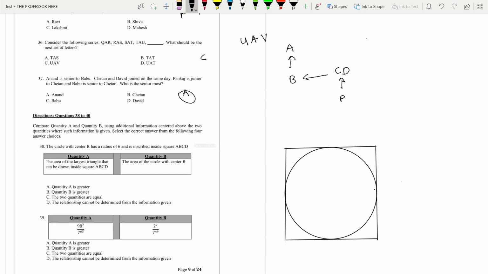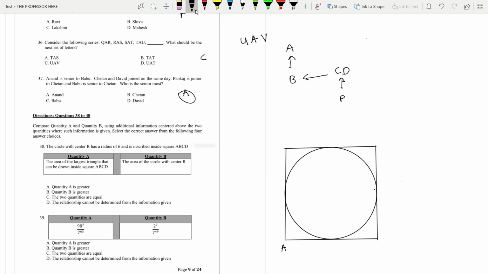Question number 38 to 40. Compare quantity A and quantity B using additional information centered above the two quantities where such information is given. Select the correct answer from the following 4 choices. Question number 38. The circle with center R has a radius of 6 and is inscribed inside square ABCD. So this is the square ABCD.